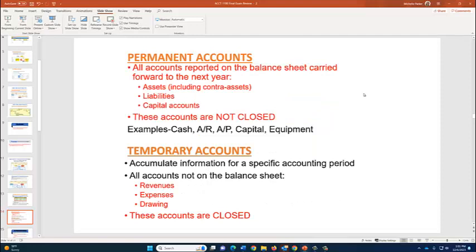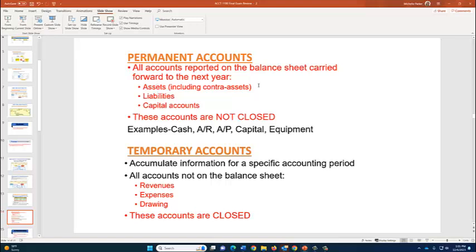You'll need to know the difference between permanent accounts and temporary accounts. All accounts that would appear on the balance sheet will have their balances carried forward to the next year, so they are permanent accounts. For example, our assets like cash, accounts receivable, our fixed assets, we're not going to zero out those balances.